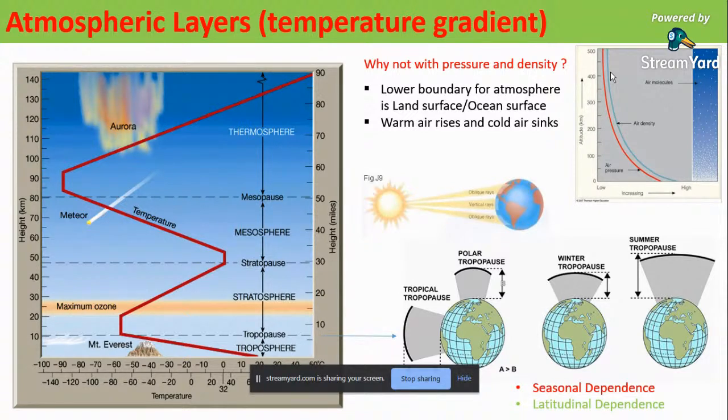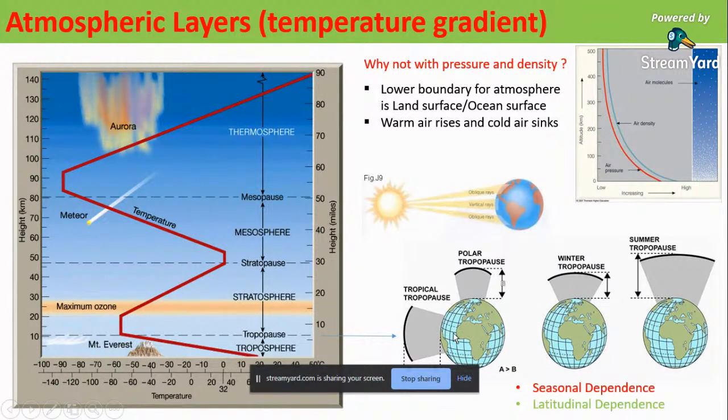Based on this temperature, atmosphere is comprised of different layers, especially troposphere, stratosphere, mesosphere, and thermosphere. The lowest part of the atmosphere, the part we live in, is called troposphere. See here, I have marked this as the troposphere.